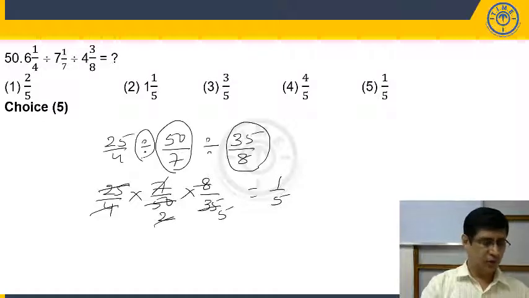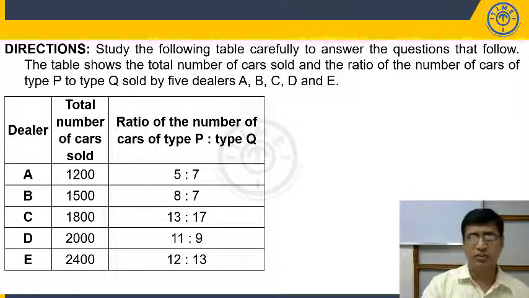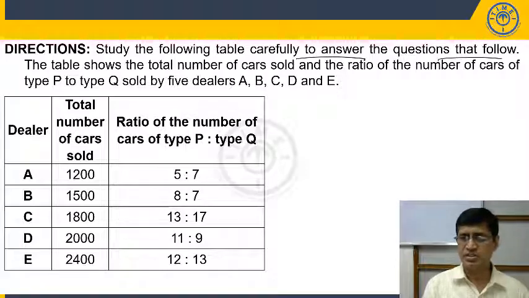Okay. Now look at the next example on your screen, question number 51. My dear students, here question number 51 is based on the table. It's a data interpretation. Now before going to solve question number 51, 52, 53 and so on, you need to read the directions given. Study the following table carefully to answer the questions that follow.